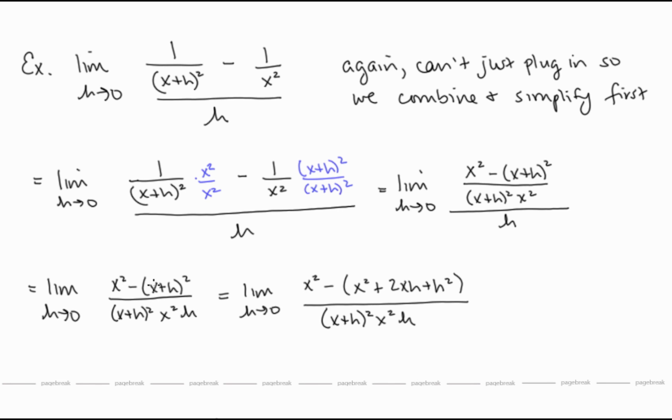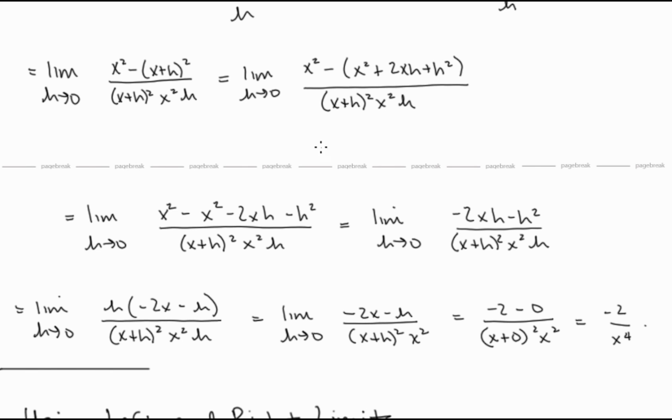And let's expand and simplify in the numerator. Remember when you're FOILing out here the x plus h squared, if you have a negative sign in front of that, that negative sign needs to apply to all of the terms that you get when you expand. So make sure to use parentheses there. And now distributing that negative through the parentheses, we're here. And we see that we have a positive x squared and a negative x squared.